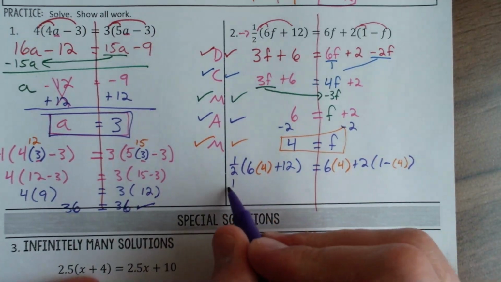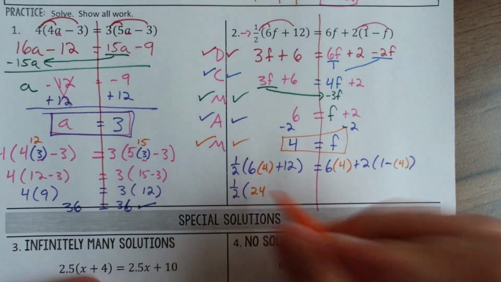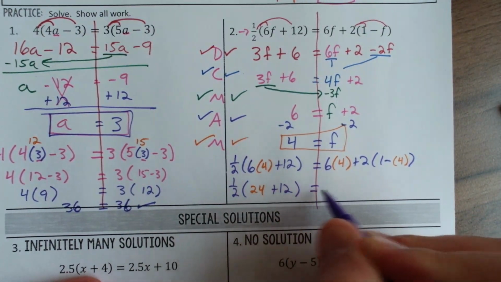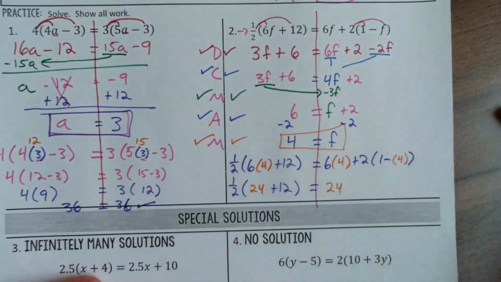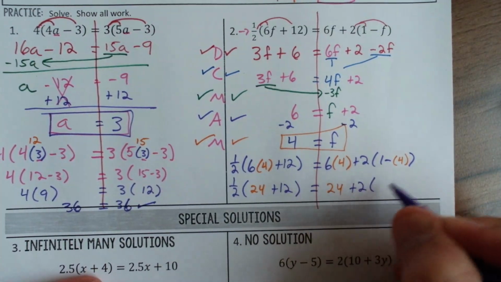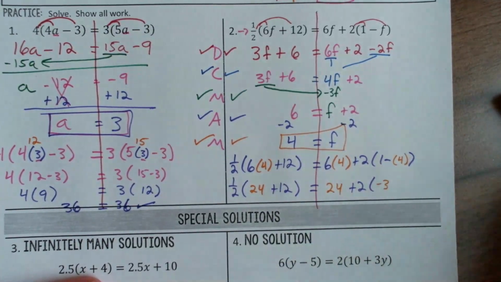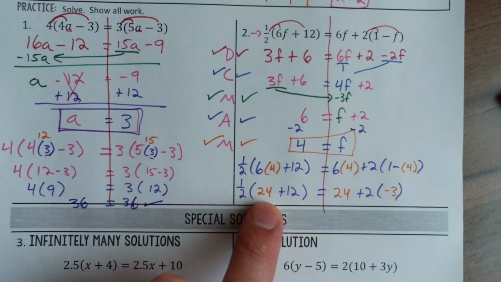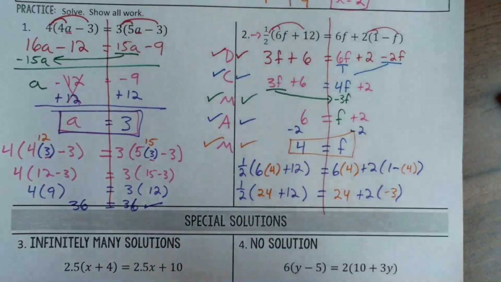Okay, let's go ahead and do this. There's nothing happening with this 1/2. 6 times 4, that's 24. Plus 12. Equals 6 times 4, again, that's 24. Plus 2, 1 minus 4, that's negative 3. Okay, let's simplify again. Order of operations, deal with everything in the parentheses first. 24 plus 12, that's 36.